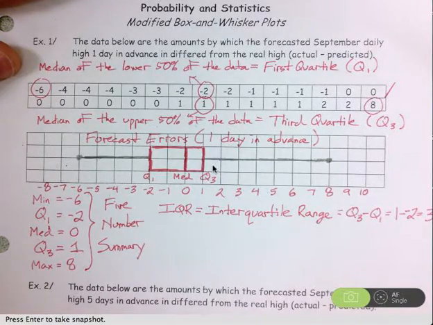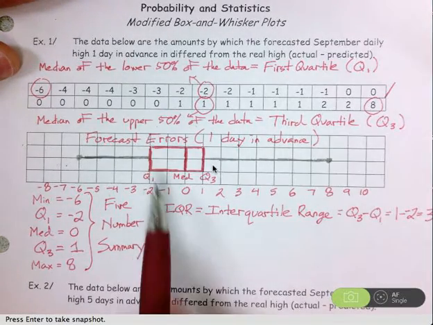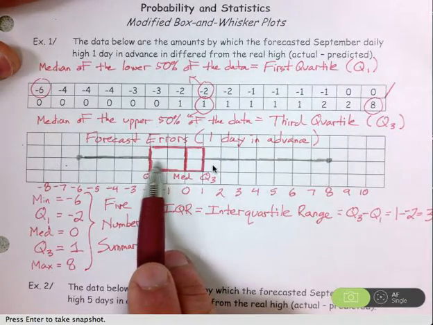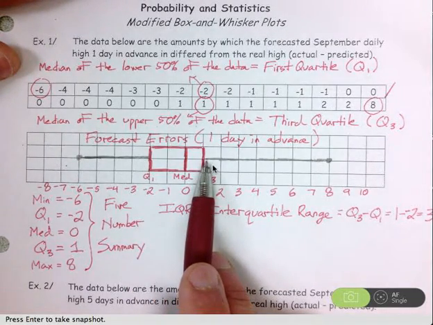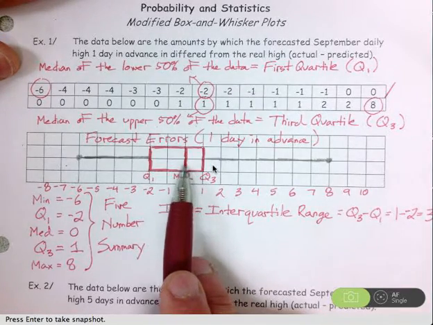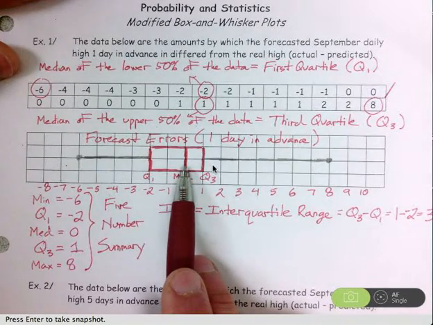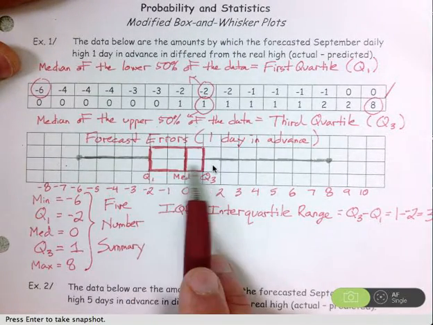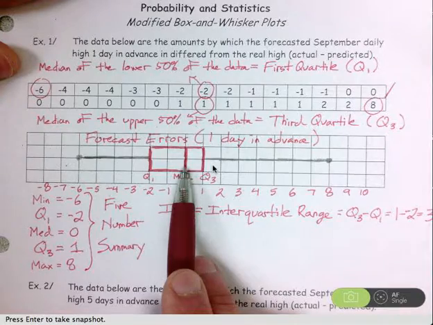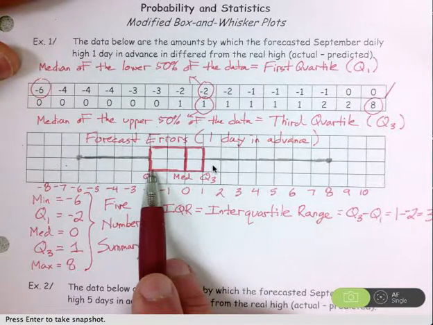Look at what the interquartile range accomplishes. It tells me the span of the middle 50% of the data, the 50% of the data around the median. The median is at 0, actually no forecast error. So the IQR, in some sense, describes the variability around the median by considering Q3 and Q1.